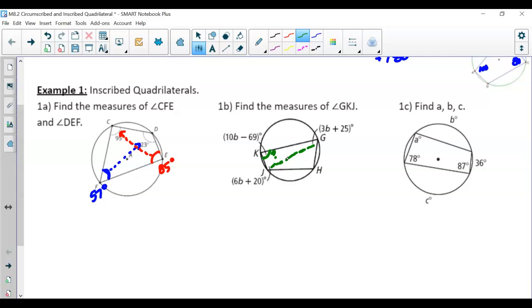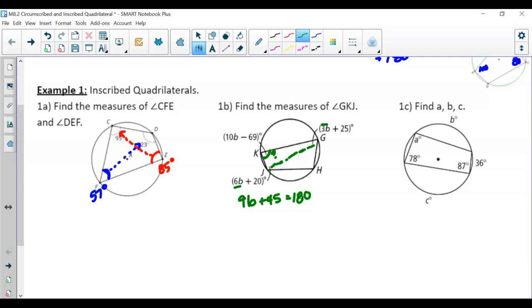They're not equal to each other. They add up to 180. So this is 9B from 6B plus 3B, plus 45 from 20 plus 25, is equal to 180. Again, they are supplementary, they add up to 180.